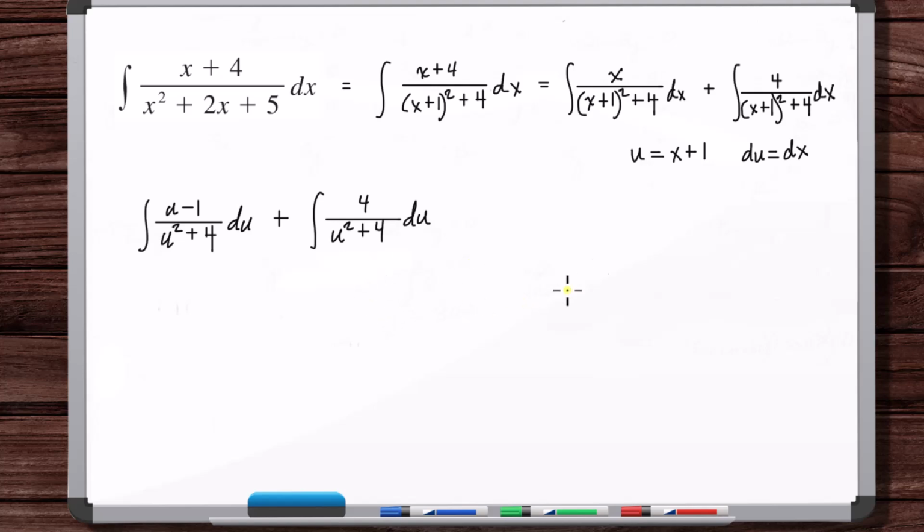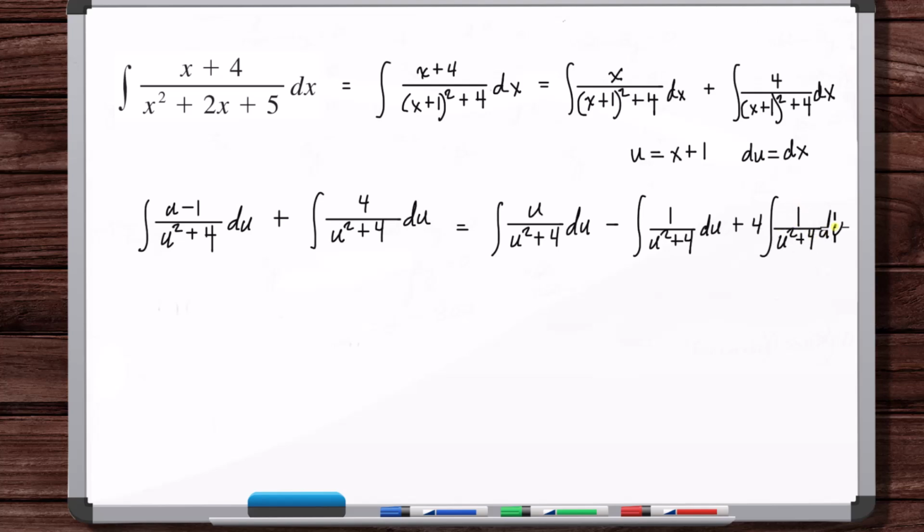Okay, and then u squared plus 4. And now from here, we separate this into two separate integrals over u squared plus 4, and then we can take this 4 out. And there we go. Now each of these we can solve.